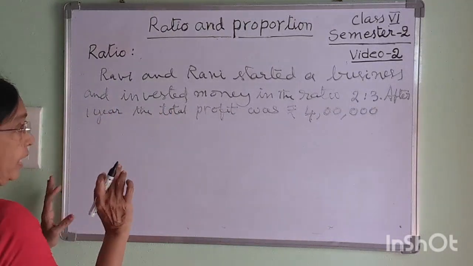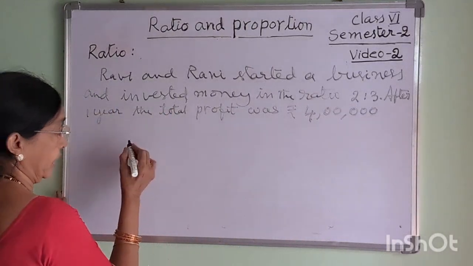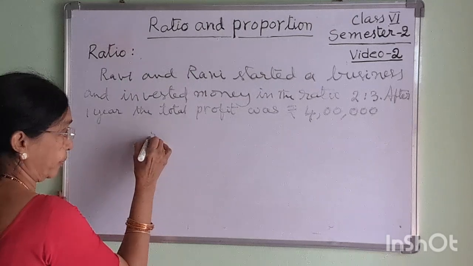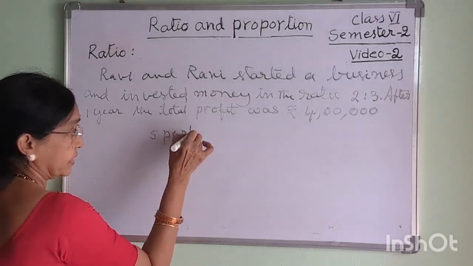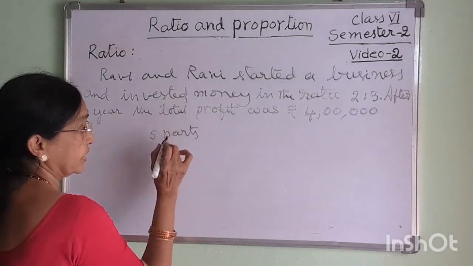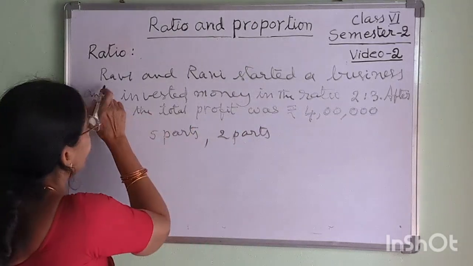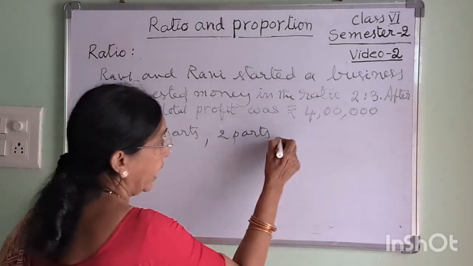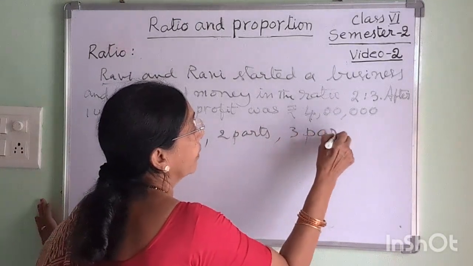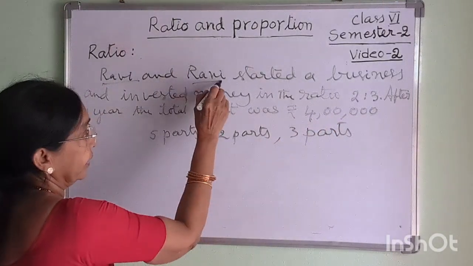That is, if the investment is 5 parts, 2 parts are invested by Ravi and 3 parts are invested by Rani.